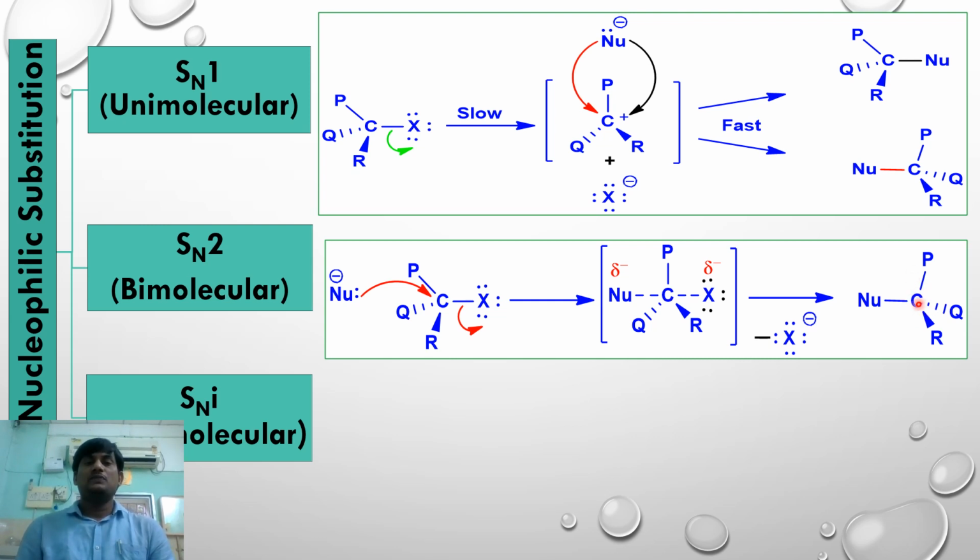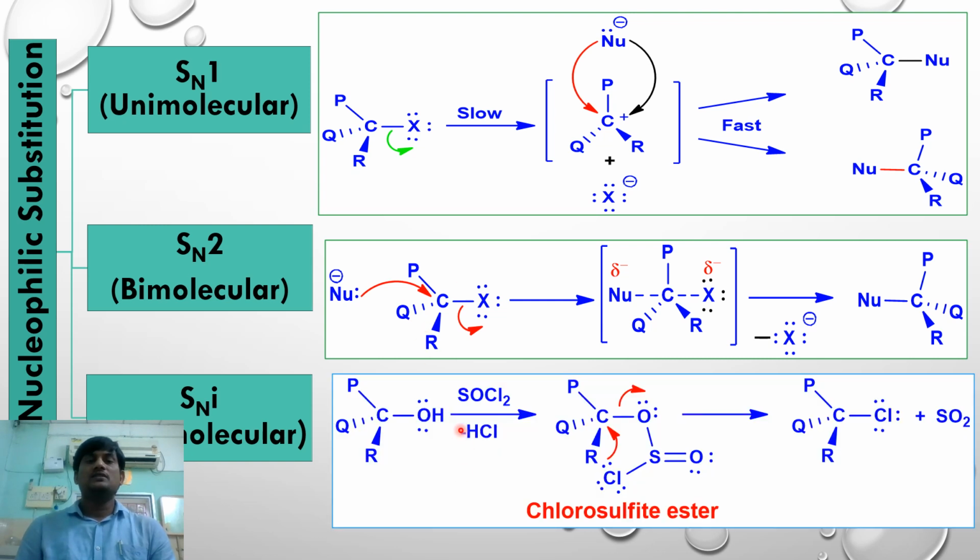In case of intramolecular nucleophilic substitution reaction, this reaction is not exhibited by alkyl halides. This reaction is exhibited by chlorosulfonate esters. If you take alcohols, when you react with thionyl chloride, you will get chlorosulfonate esters.